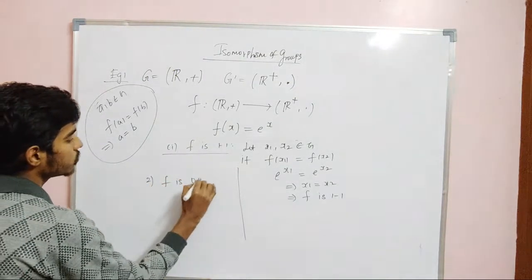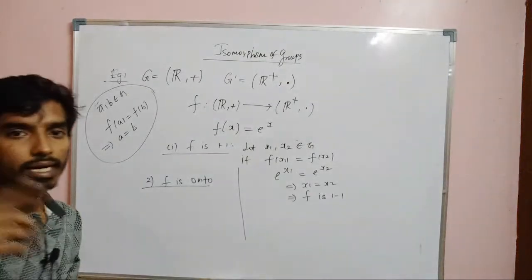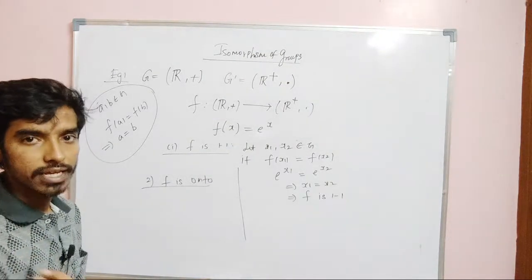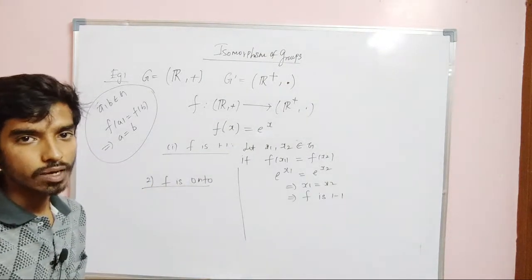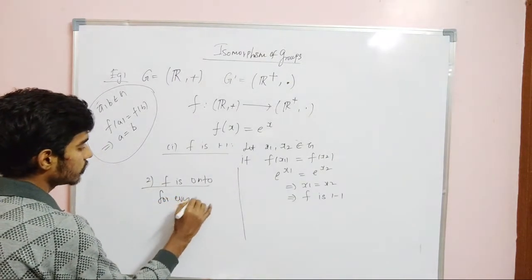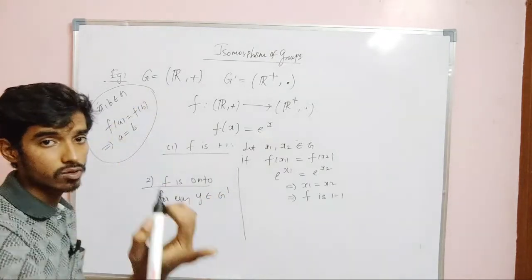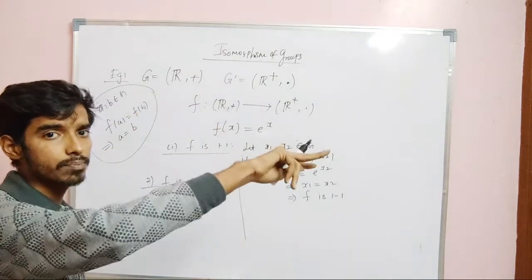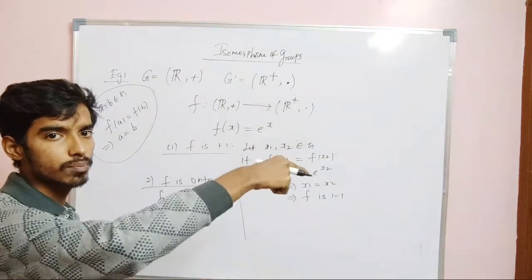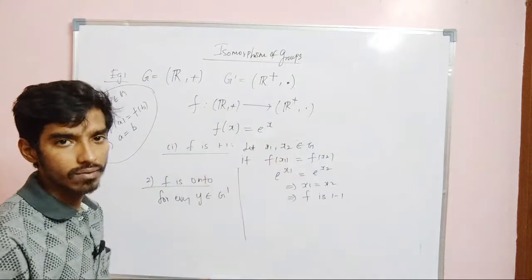Now I need to prove the second condition: f is onto. For onto, for every element in the codomain there exists a pre-image. For every y in G', there has to be a pre-image. Then only it will be onto, then only the codomain will be equal to the range.